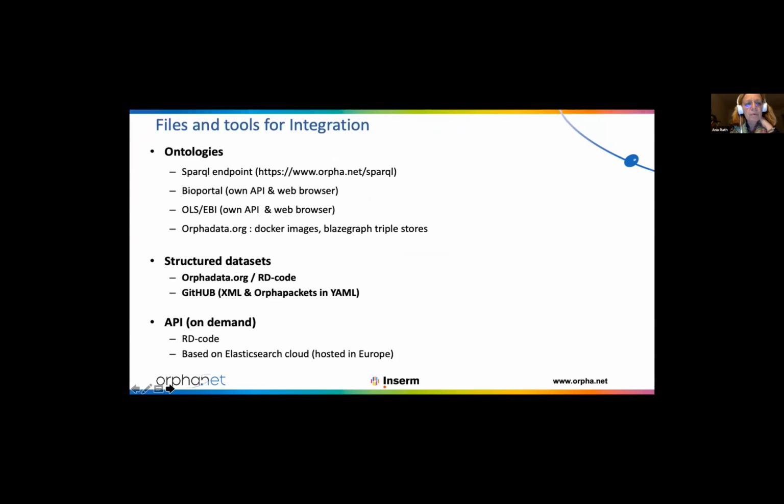So we provide files and tools for integration, the ontologies with a SPARQL endpoint. You can download in ORFA data, but also in BioPortal, and in the Ontology Lookup Service of the EBI.